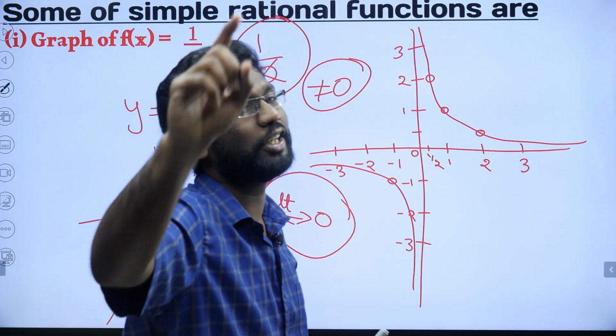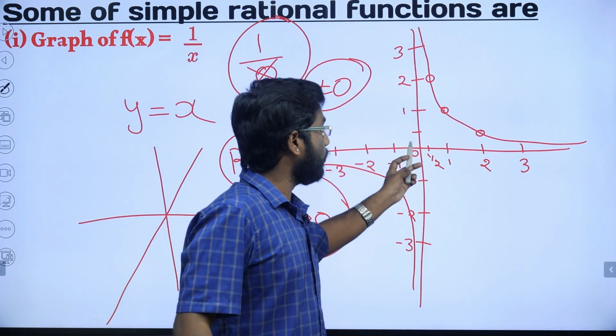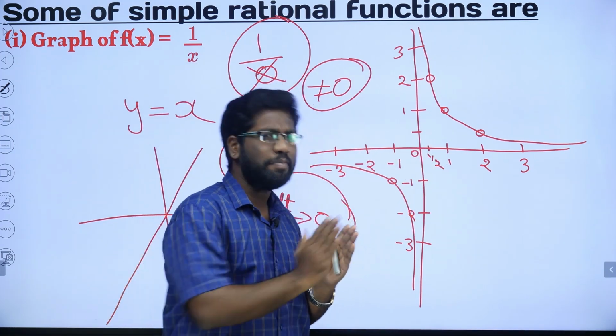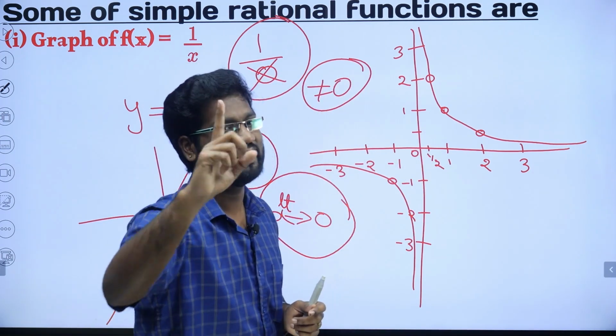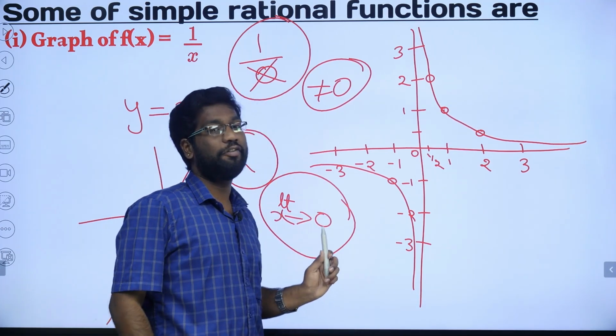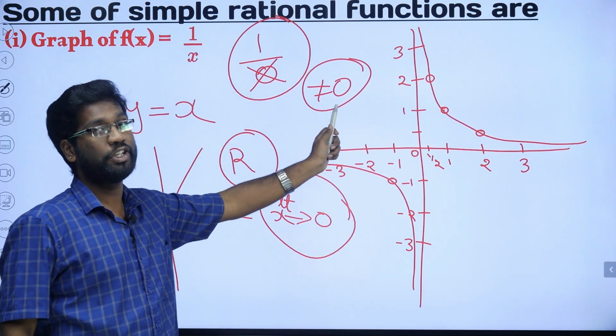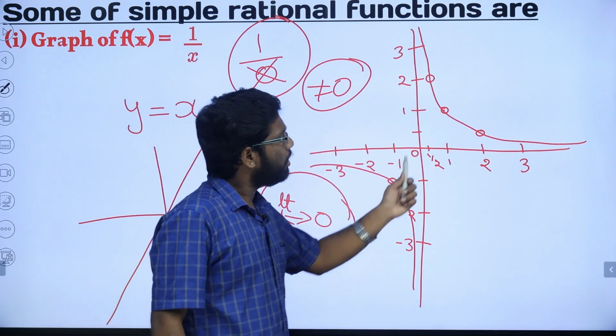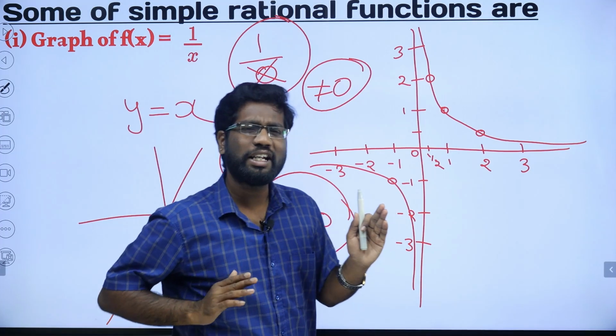That's the thing you have to keep in your mind, my dear students. There is a difference between does not equal 0 and approaching 0. Though it does not equal 0, the value is going very close, my dear students.